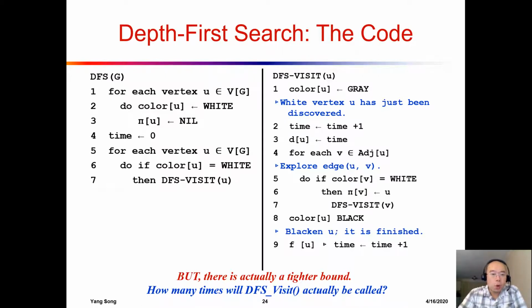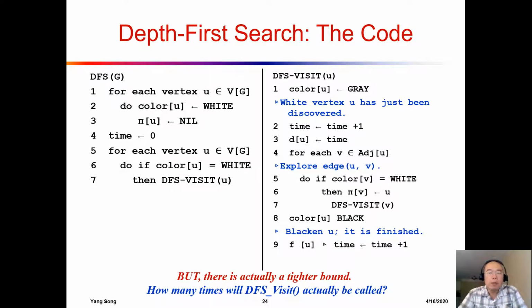So we will only call the DFS visit once for each node. Because the second time we see that node again, it might be gray, might be black, but it won't be white anymore. The point is, for each of the nodes, we will only call the DFS visit once.